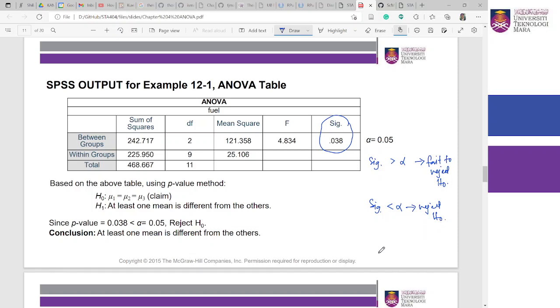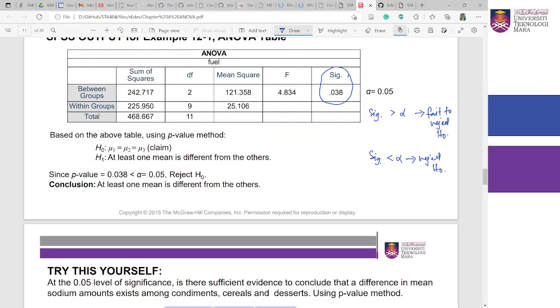So you reject the null hypothesis. So this is based on the significant value. Based on the above table using the p-value method, again the hypothesis will be H0: mu1 equal to mu2 equal to mu3, and H1: at least one mean is different from the others. Since the p-value here is less than 0.05, you reject the null hypothesis. That means at least one mean is different from the others. Okay.